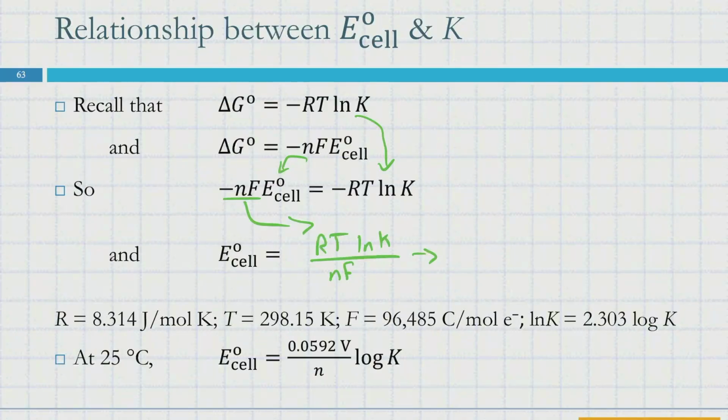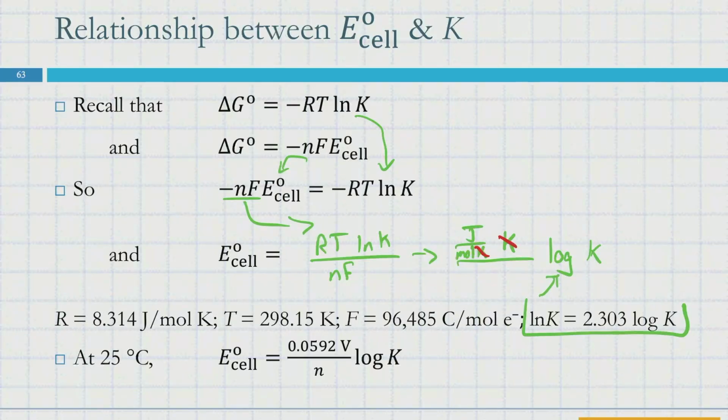Units-wise, we've got joules per mole Kelvin from our R. Our temperature has units of K. So those will cancel. I'm just showing you the units because we got the number stuff written down below. We do a change of base from log base e to log base 10 with this whole thing.